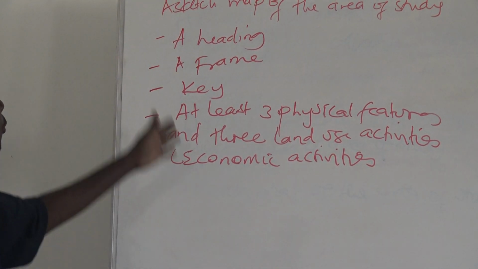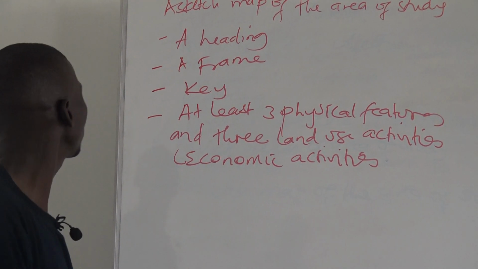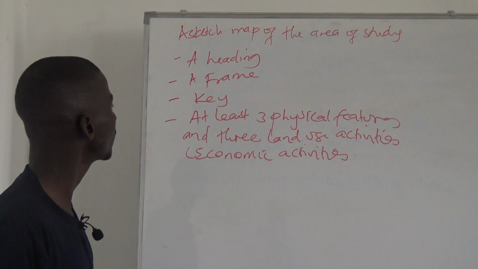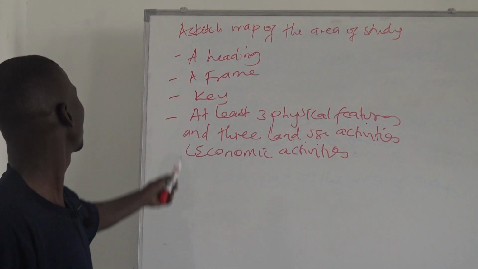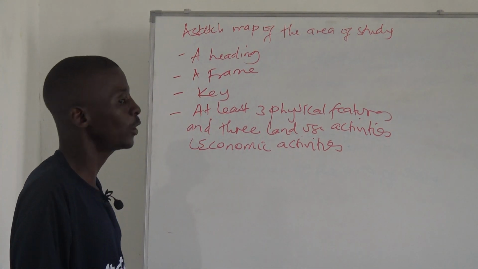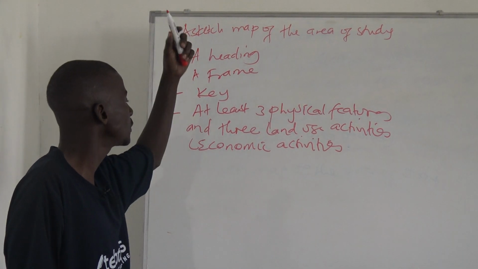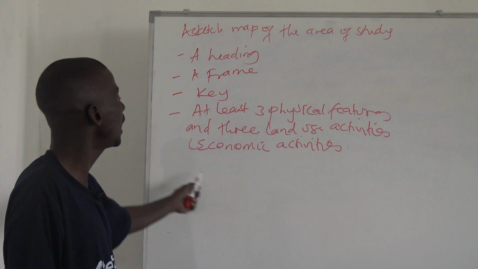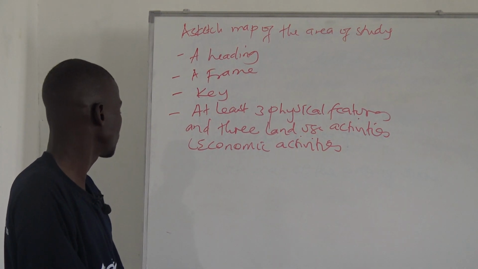So any correct sketch map of the area of study, first of all should have a complete heading. It should be put in a frame. Then you should write or draw a key, at least 3 physical features, and then 3 land use activities.